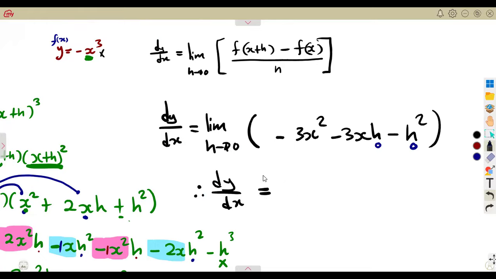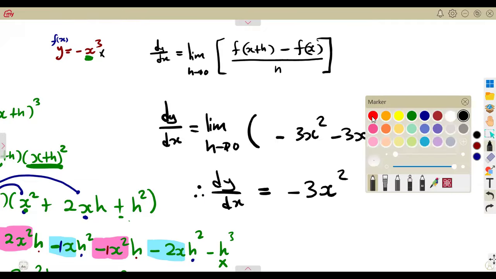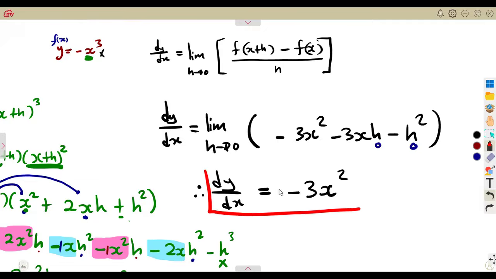So therefore, the derivative of y with respect to x, we're just going to remain with this part because we do not have h there. So it is going to be minus 3x squared. We can substitute each and every part where h is given. But where we do not have h, there's no effect. So this was just going to remain as what? Minus 3, because these are zeros that are remaining there.